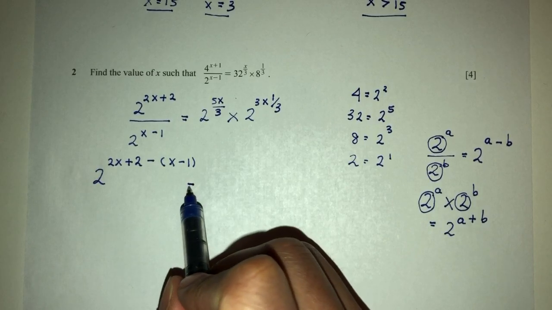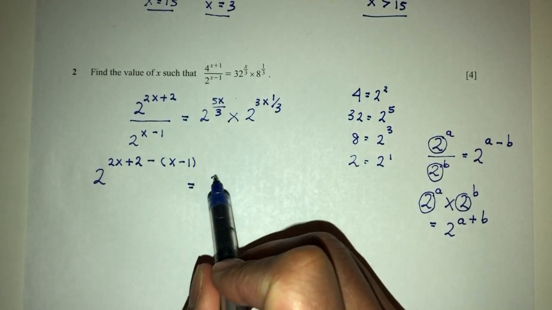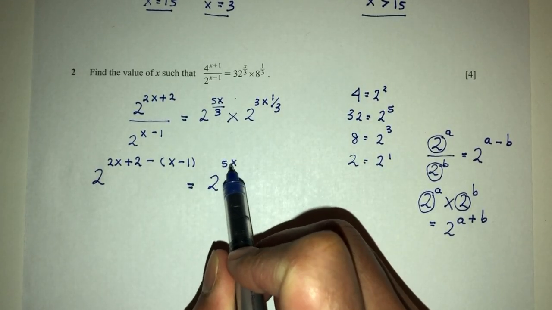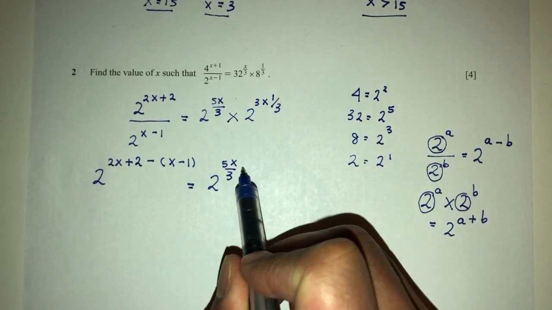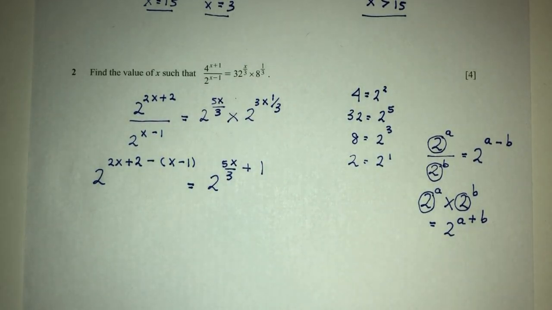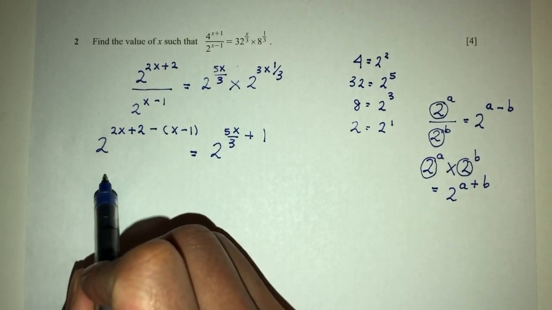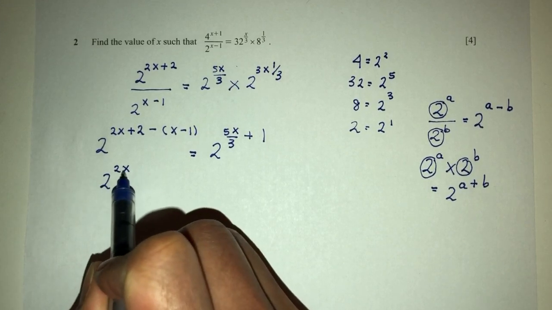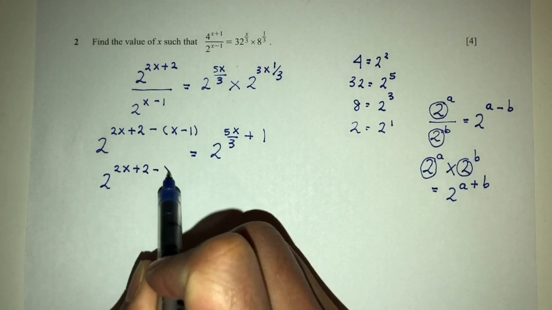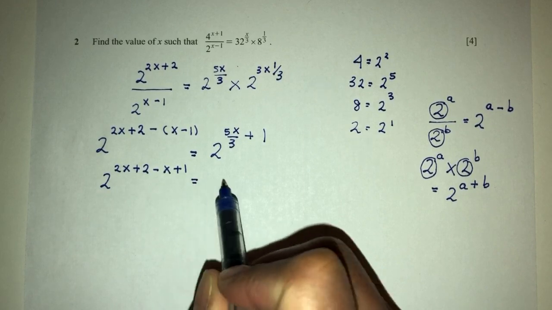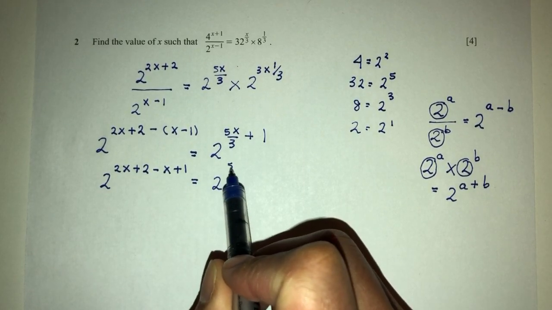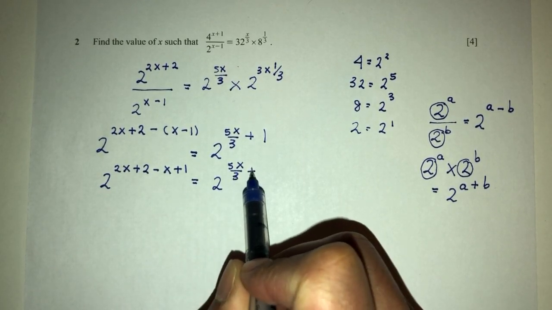Now this is equal to, here we have the same base, 5x over 3. Here we have multiply become plus 1. That is 3 times 1 over 3 is just 1. Now we simplify. Here we have 2x plus 2 minus x plus 1 is 2 to the power 5x over 3 plus 1.